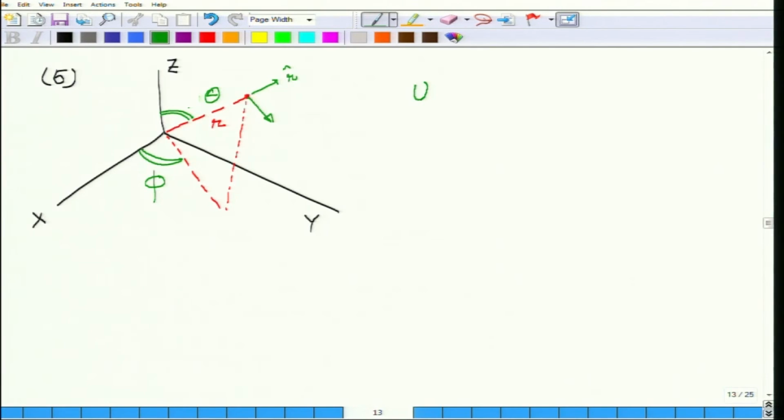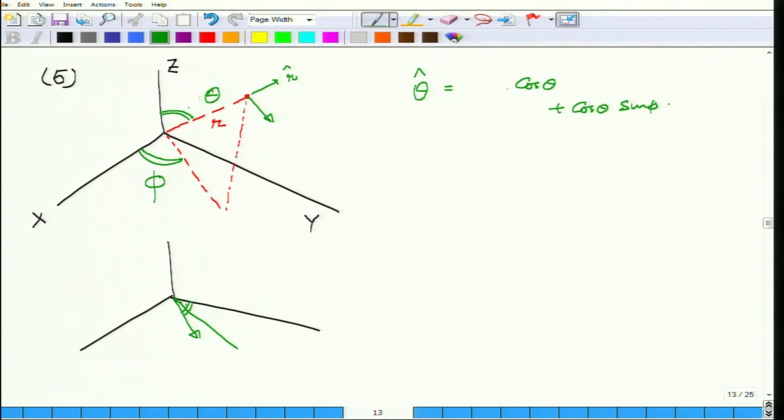So theta unit vector is given as, if I were to make it again, going down the plane, making an angle theta from the xy plane. So in the xy plane, theta unit vector has a component cosine of theta, then its x component is going to be cosine phi i plus cosine theta, y component is going to be sine phi j, and minus sine theta k.